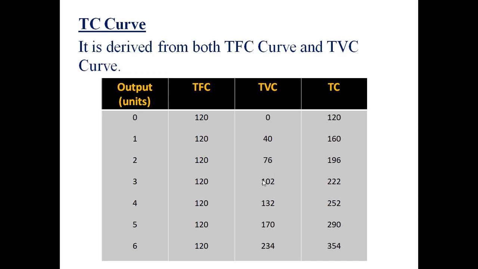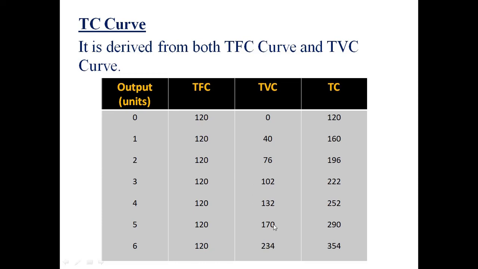Initially, up to this third unit of output, TVC increases at a decreasing rate. But beyond this third unit, when you increase the level of output to 4, you can see the difference out here is 30, isn't it?